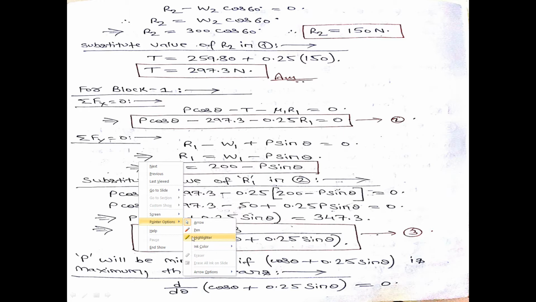If you solve this expression, finally you will get P is equal to 347.3 divided by cos theta plus 0.25 times sine theta, which is the third equation. Is it clear so far till the third equation? Yes, sir, clear. Okay, fine.